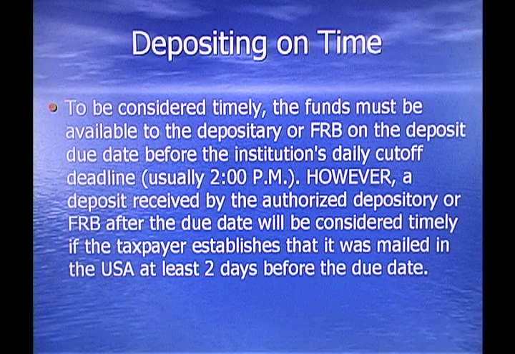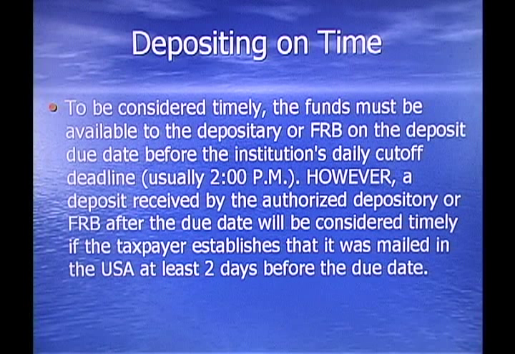Depositing on time. To be considered timely, the funds must be available to the depository or FRB on the deposit due date before the institution's daily cutoff, which is 2 o'clock. However, a deposit received by an authorized depository or FRB after the due date will be considered timely if the taxpayer can establish that he or she mailed the money in the United States at least 2 days before the due date.